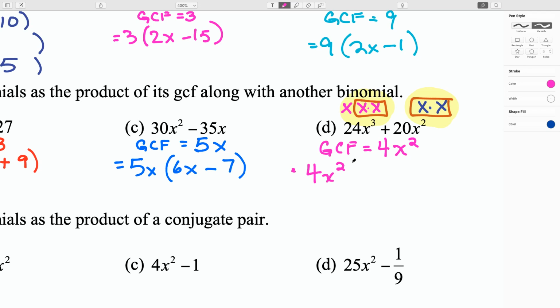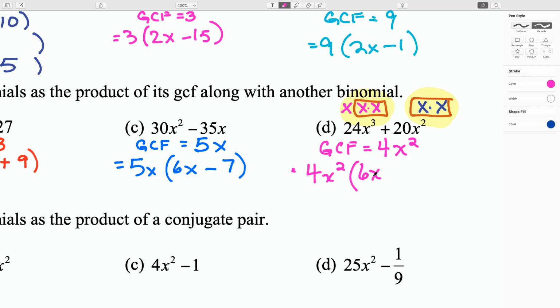4x squared goes on the outside. And now let's think. What do I multiply 4x squared by in order to get 24x cubed? Well, 4 times 6 is 24. And x squared times x is x cubed.